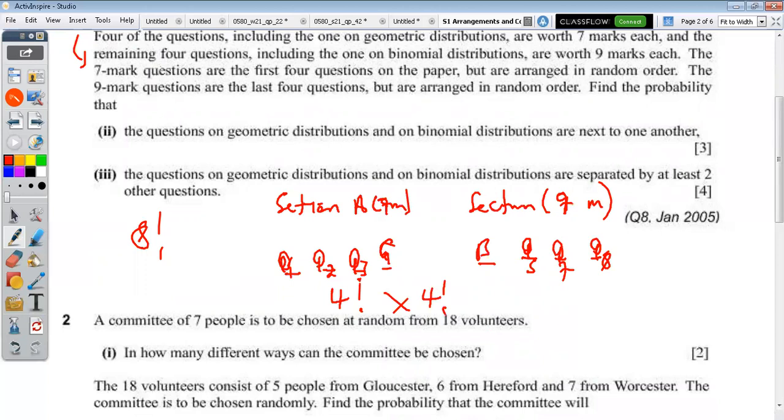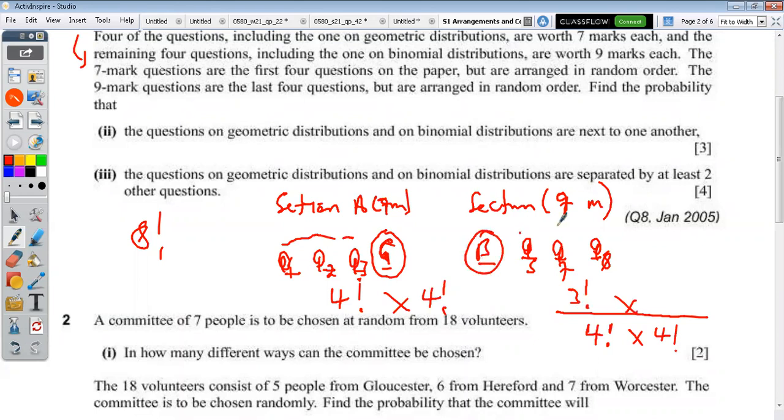So my total space is 4 factorial multiplied by 4 factorial, not 8 factorial, because there are 2 different sections here. Now, the geometric is static, not moving. So the other 3 can permute themselves in 3 factorial ways, because there are 3 different questions. Multiply by this side, where the binomial is again fixed, so these 3 can permute themselves in 3 factorial.